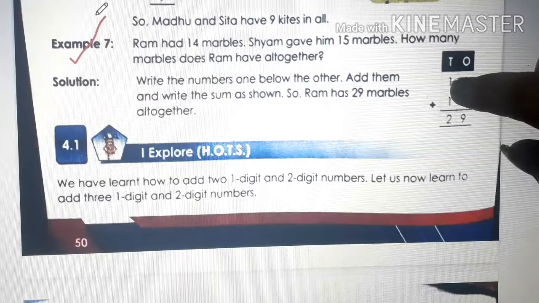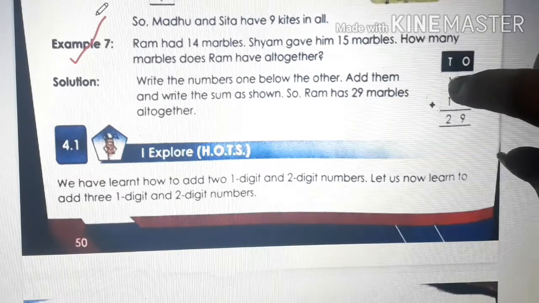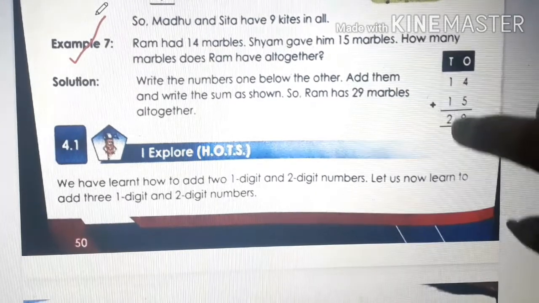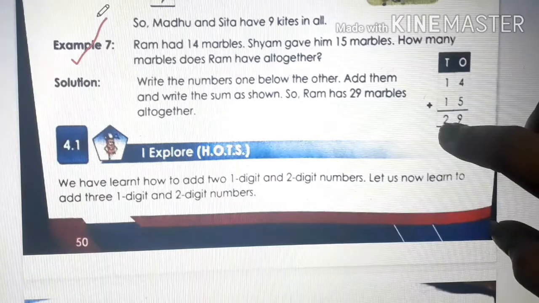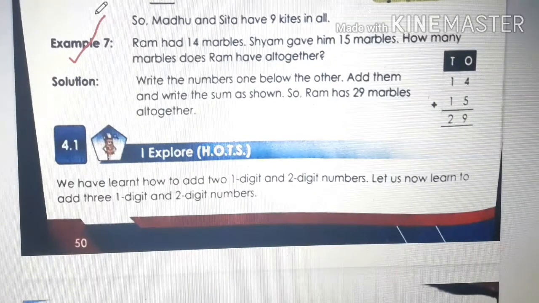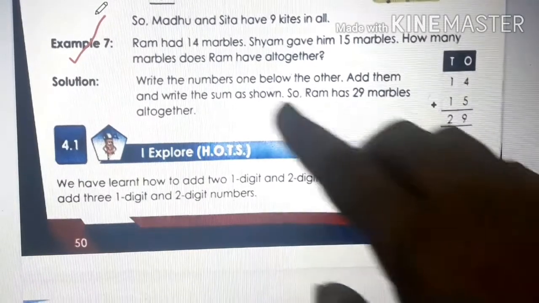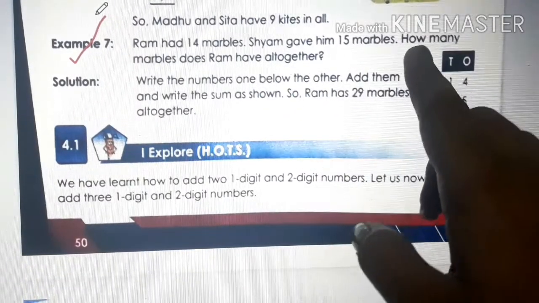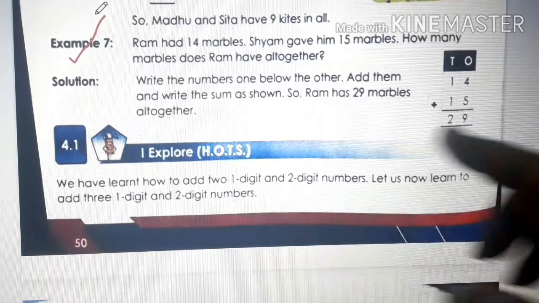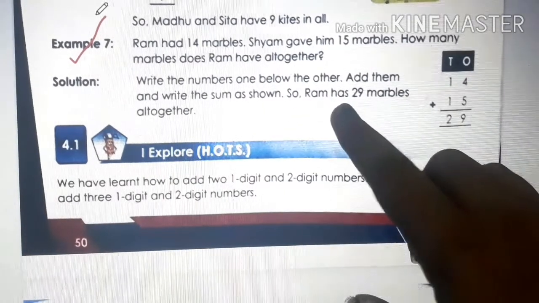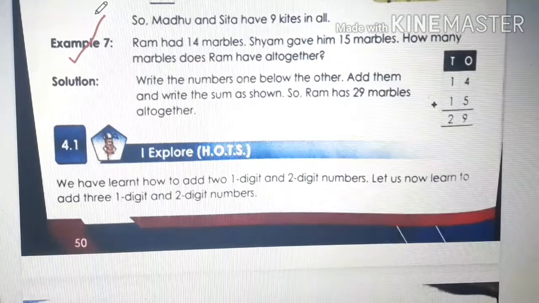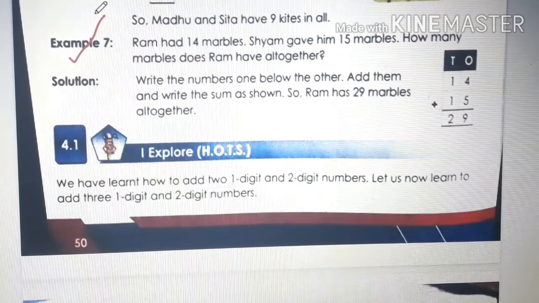Now let's count the 10's place. 1 plus 1. How much? 2. Okay, so we get 29. So what is asked here, how many marbles does Ram have altogether? Ram has 29 marbles altogether. Is it clear, children, now?